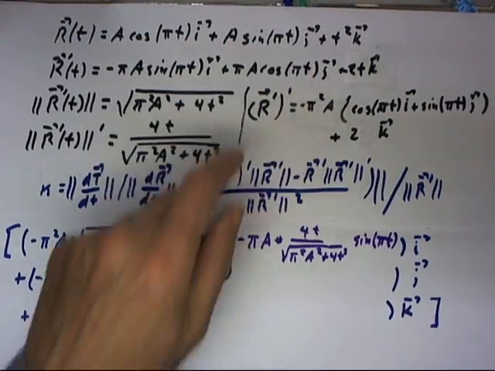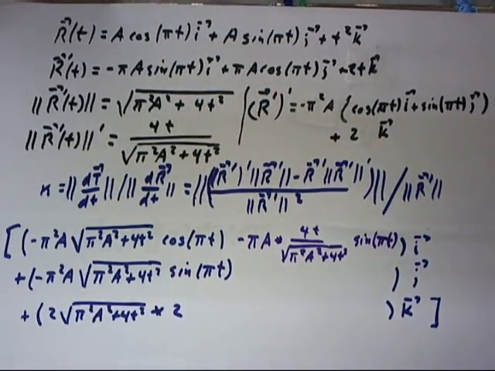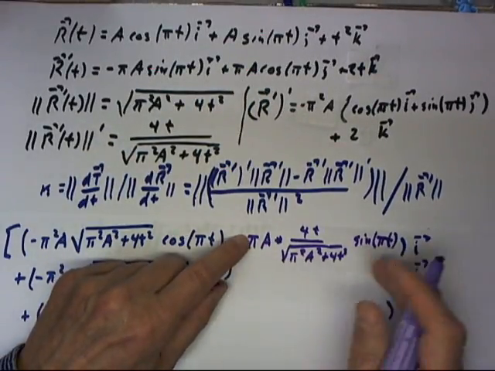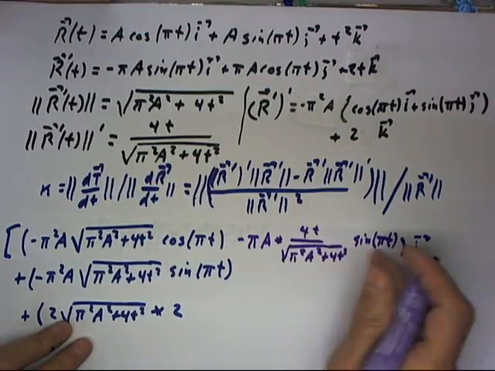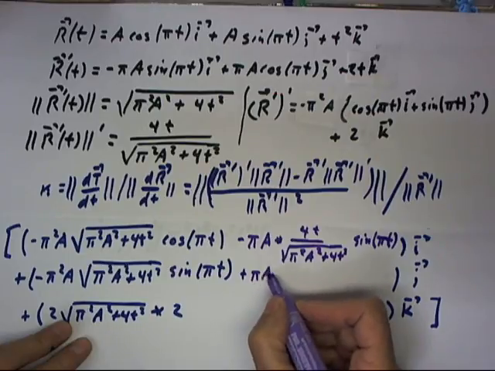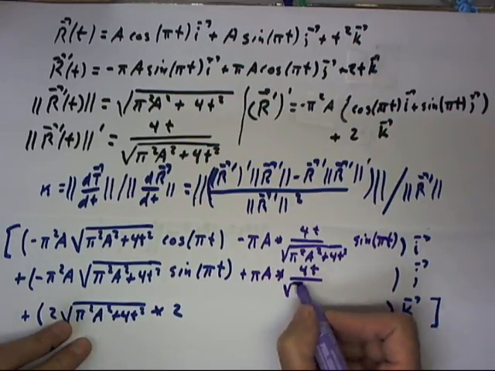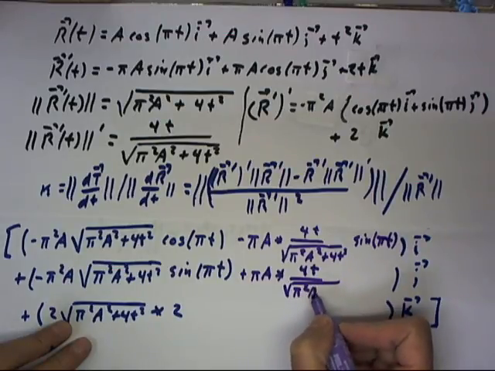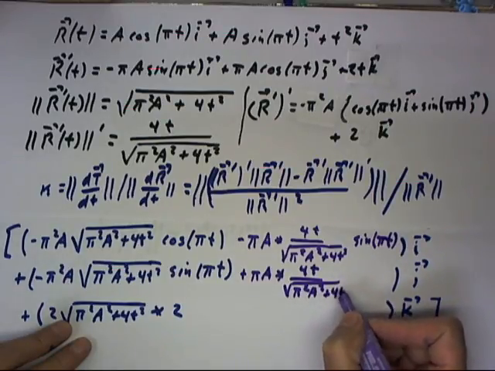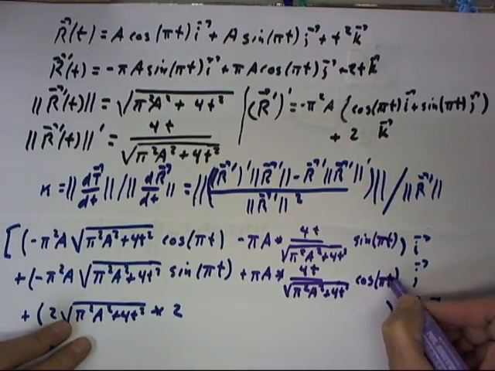On the j component, we're going to have a plus pi a cosine of pi t multiplied by the same. So it's going to have a structure very similar to this term, and that's just going to be plus pi a times, again, 4t over the square root of pi squared a squared plus 4t squared, but then that's going to be times the cosine of pi t.